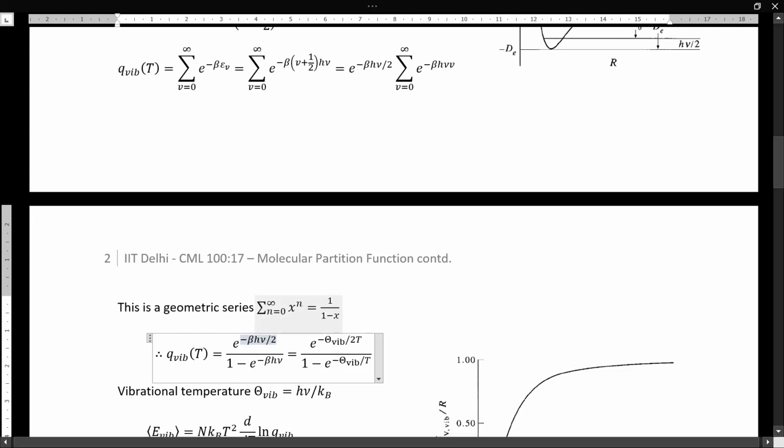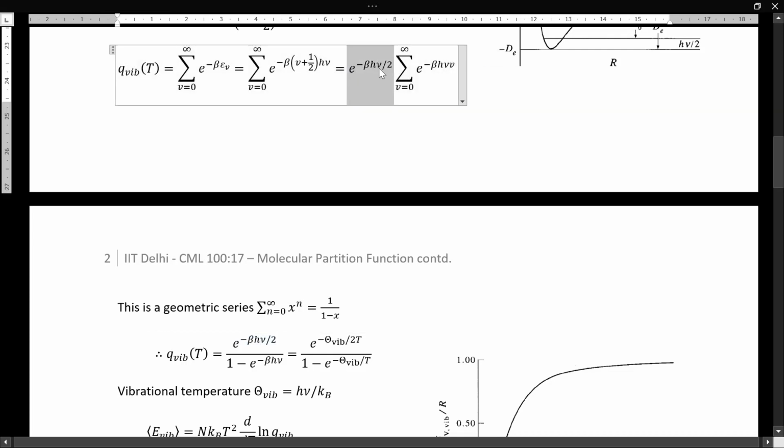So if I use this formula, then the molecular partition function for vibration comes out to be e to the power minus beta h nu by 2 divided by 1 minus e to the power minus beta h nu, right? So the denominator is coming from the summation, and the numerator is what had come out of the summation.